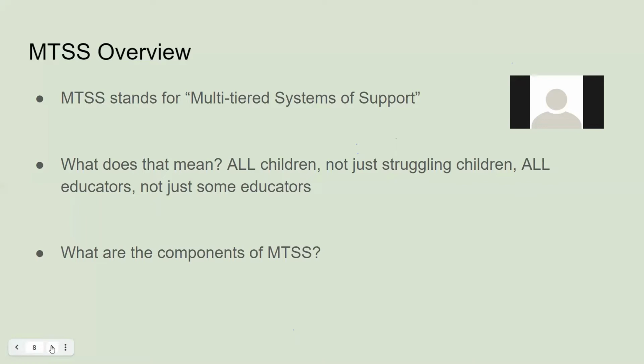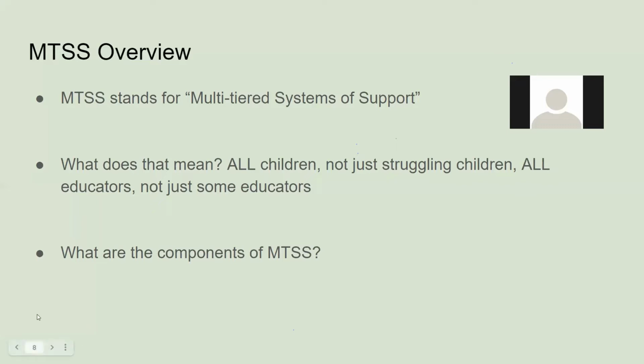I'm not talking here about evaluators or evaluation systems. I'm talking about support systems for all educators, not just a select few like special educators or ed techs. How do they all work and function within this system, and what are the supports that we're giving to them?